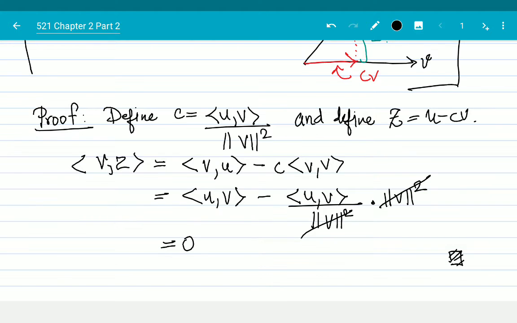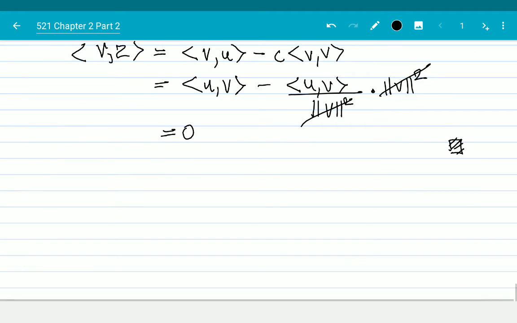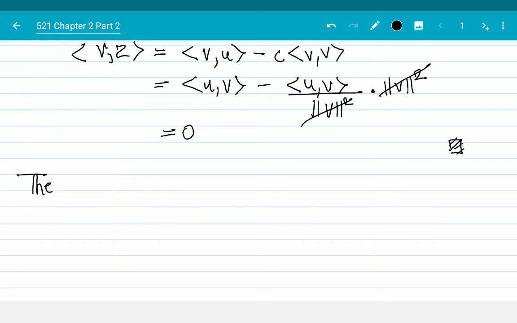Okay, and that brings us to the most important theorem here. Theorem 4, which is the Cauchy-Schwarz inequality.